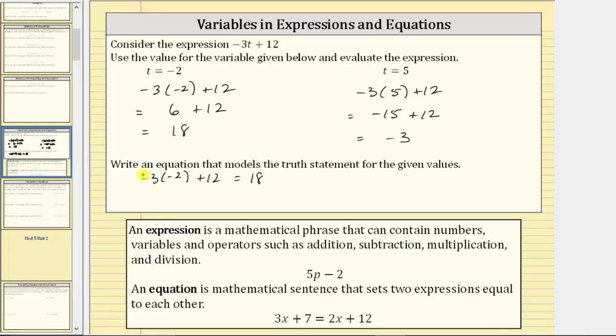The expression on the left, which is what we get when we substitute negative 2 for t, is equal to the expression on the right, which is 18. The equation that models the truth statement when t equals 5 is negative 3 times 5 plus 12 equals negative 3. Again, these are both equations because we have two expressions set equal to each other.